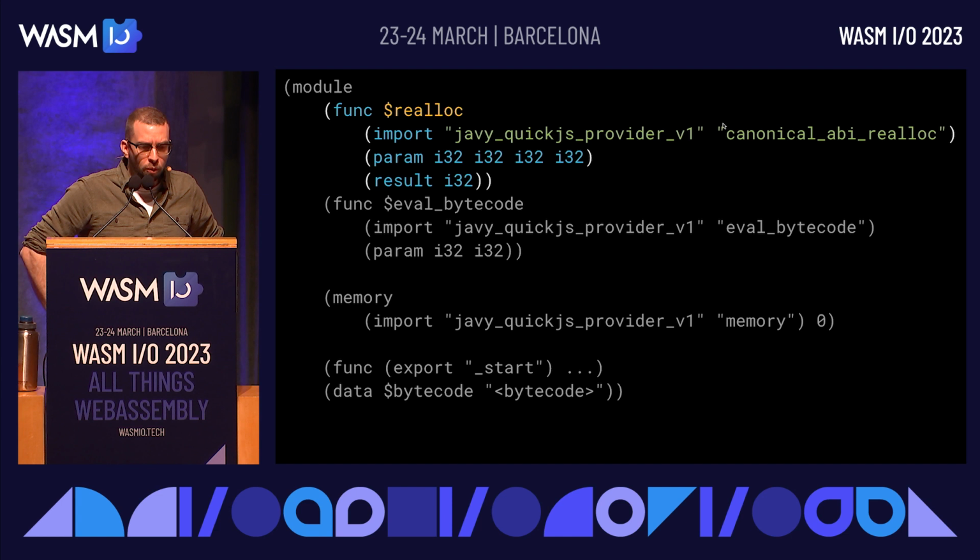So the code module that we output looks, well, like this. Again, a series of imports, and then a start function, and then a data segment containing the bytecode. So first we pull in that canonical ABI realloc function. We pull in the eval bytecode function. Those both come from the provider module. And then we import memory from the provider module to give this instance access to the memory.